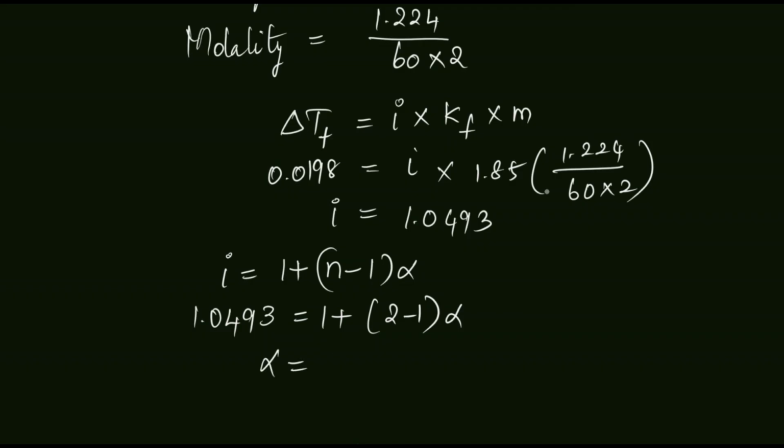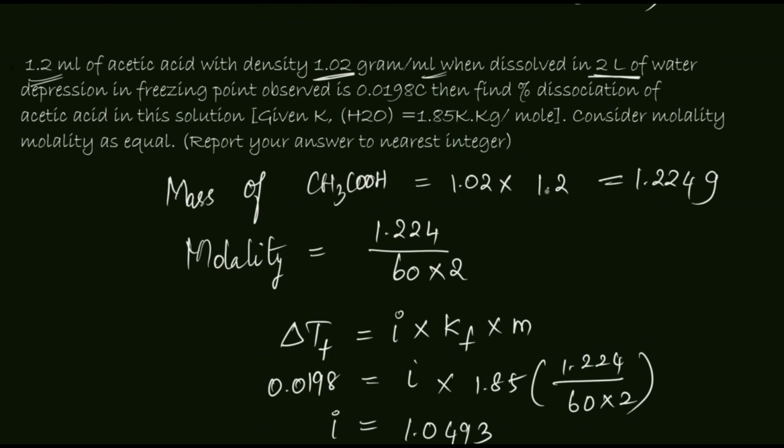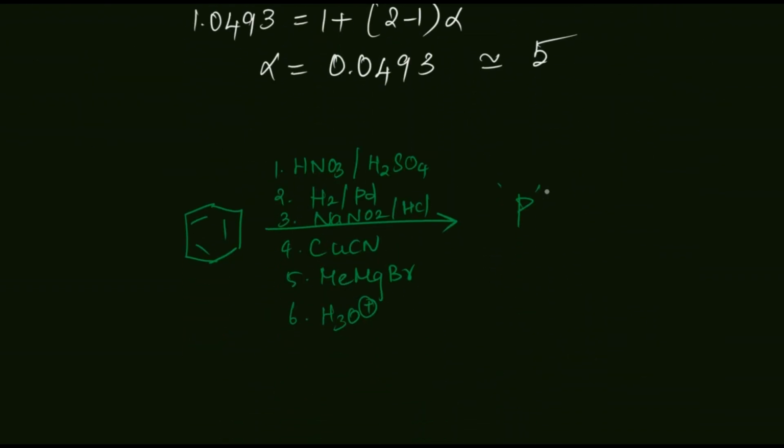So alpha becomes 0.0493. To make it a percentage, it becomes 5. Okay, so the answer to this question is 5.